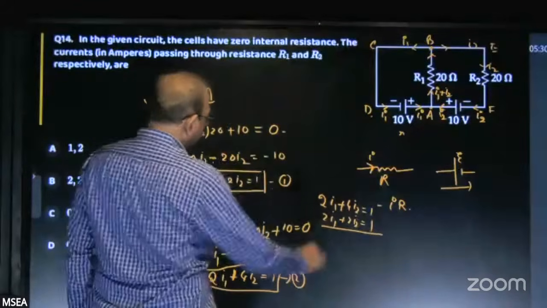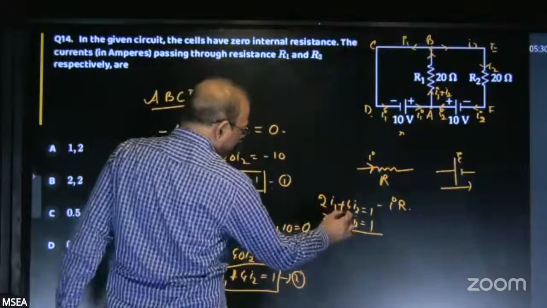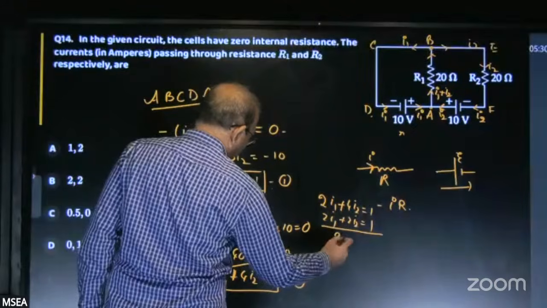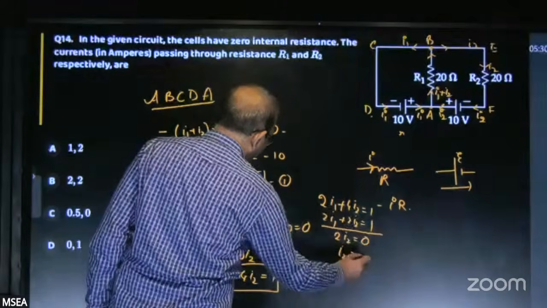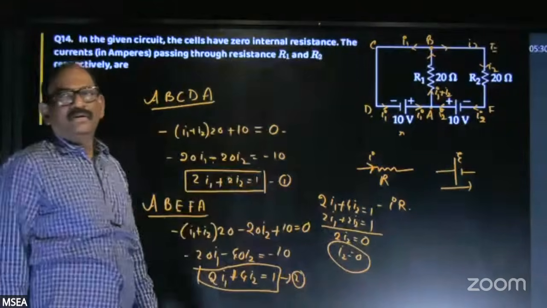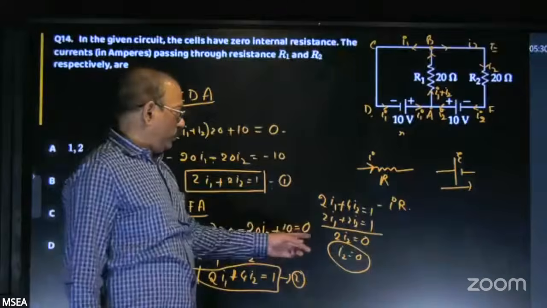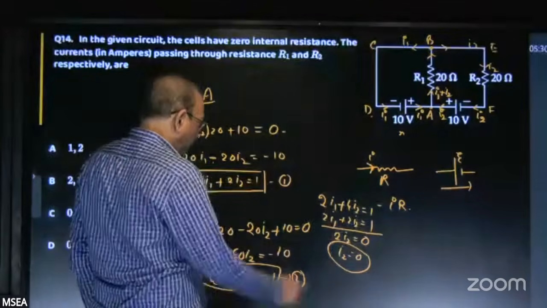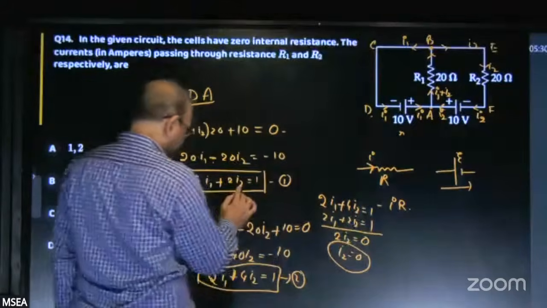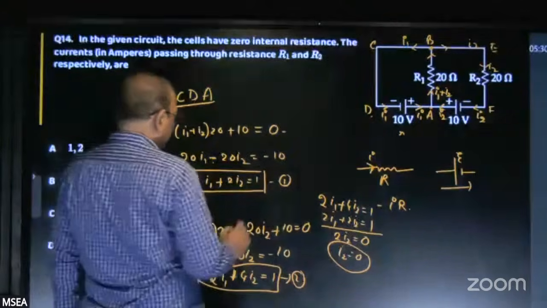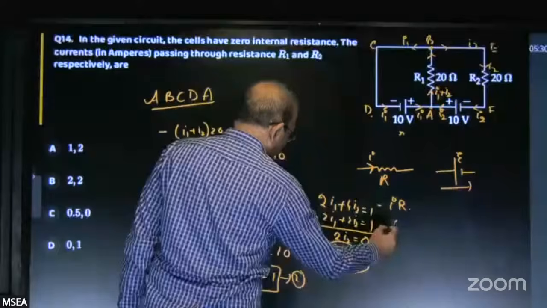If I subtract these two, 2I1 cancels, 4I2 minus 2I2 is 2I2 equals 0. I2 is 0, you got. Now substitute I2 equal to 0 in the first equation.